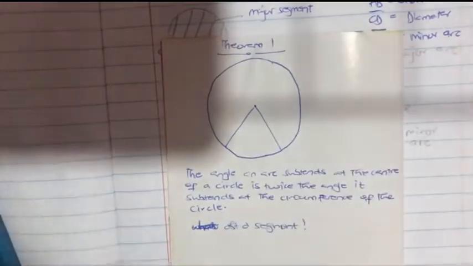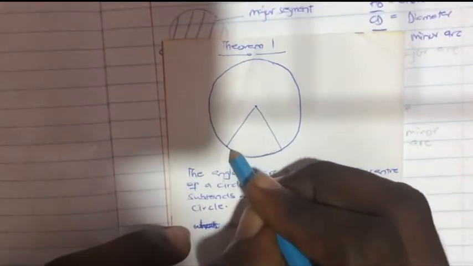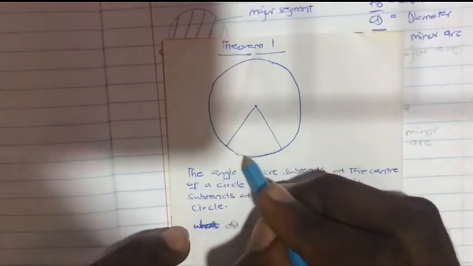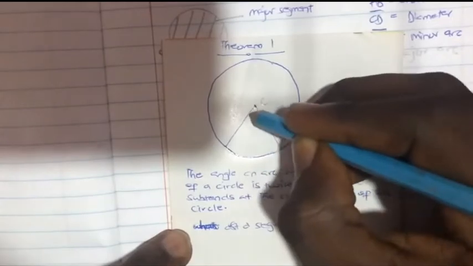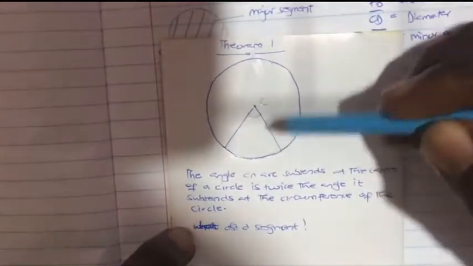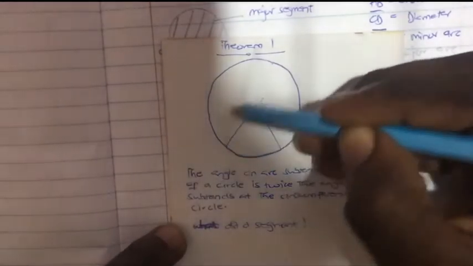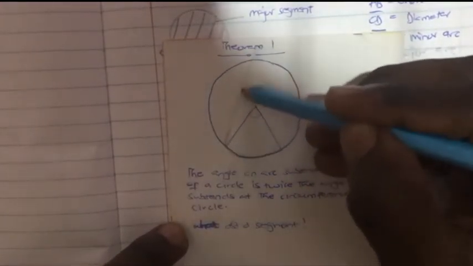We learned that this is the arc. So the angle that an arc subtends at the center of a circle, this is the center C, this angle, is twice the angle this same arc subtends at the circumference.